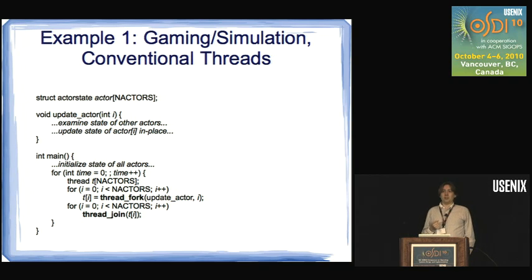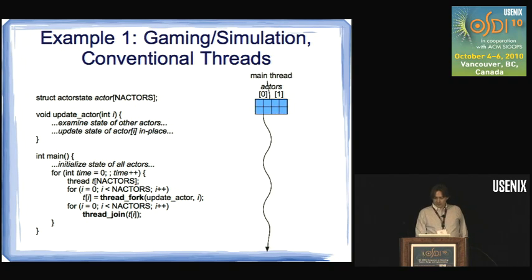The first is a simple shared memory game or simulator where you've got an array of actors representing the state of the virtual world, and at each time step we fork off a bunch of threads. Let's assume for simplicity that there are only two actors.